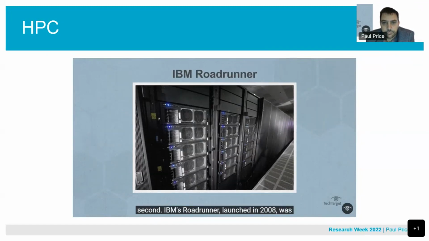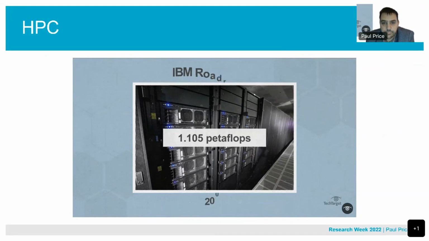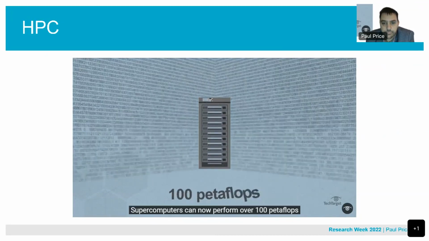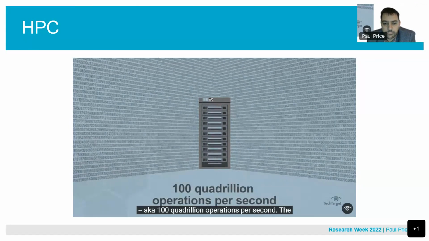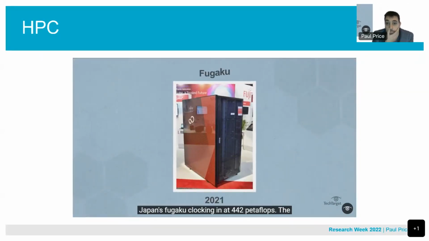IBM's Roadrunner, launched in 2008, was the first supercomputer to break the petaflops barrier, clocking in at 1.105 petaflops. Supercomputers can now perform over 100 petaflops, aka 100 quadrillion operations per second. The fastest confirmed supercomputer as of 2021 is Japan's Fugaku, clocking in at 442 petaflops.